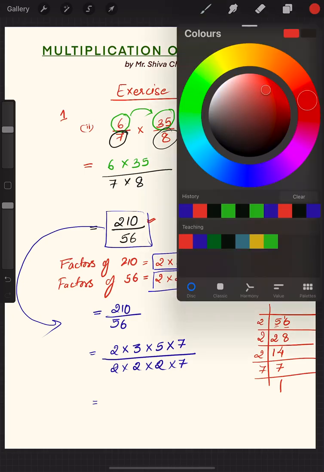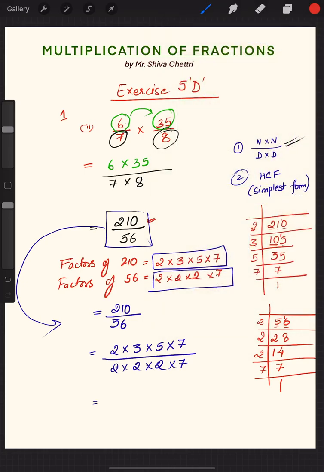Now the cancellation process, so you can directly get the answer. We need to see the numbers present in the numerator as well as in the denominator, that get cancelled. So here it is 2 and 2, one number each for the other number. You should not cancel that way, 1 for 1. So 2 and 2 get cancelled.